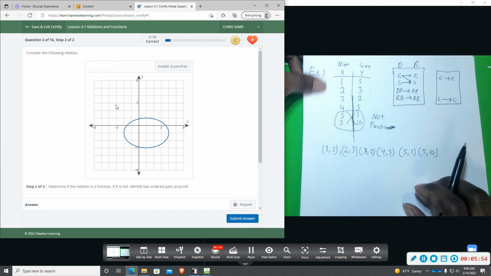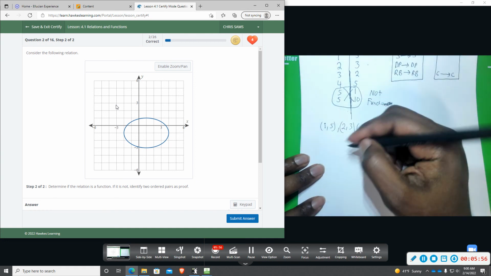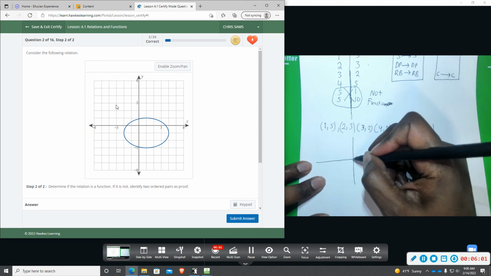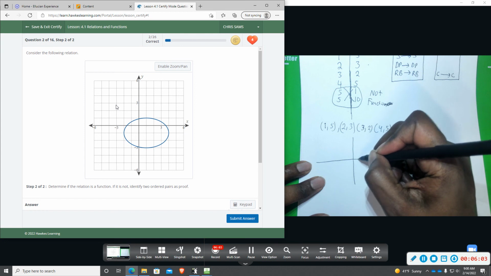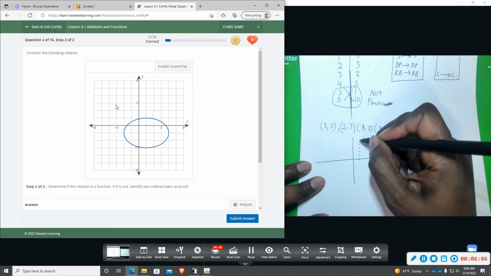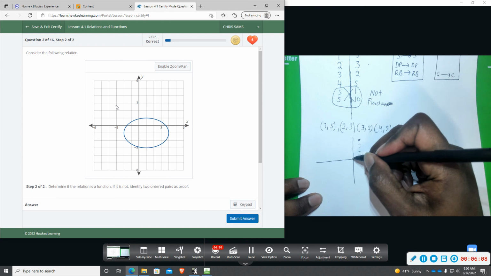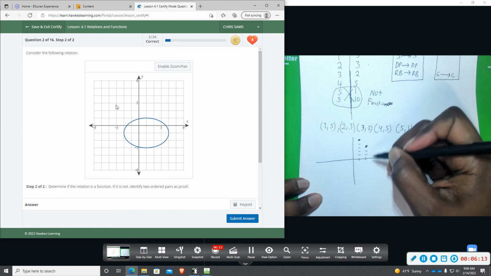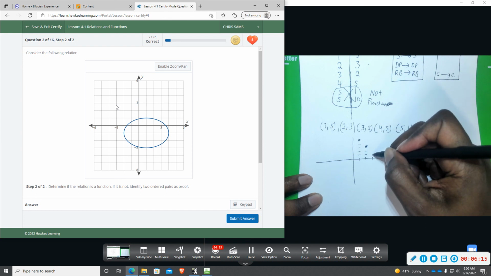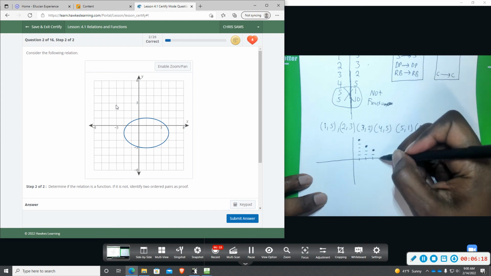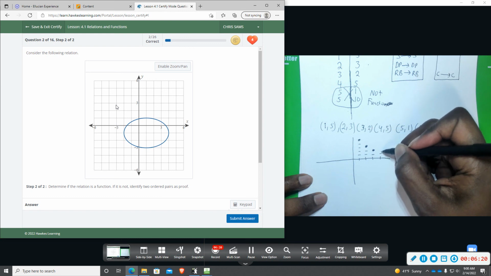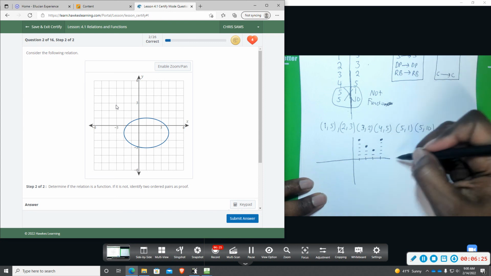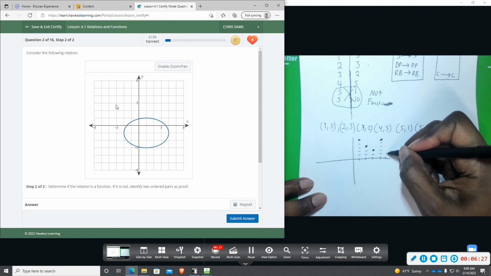If I did this on a graph, here's y, it fails. This is why the vertical line test, and they're all the same thing. Let's say I go over 1, up 5. Then I go over 2, up 3. Over 3, up 2. Over 4, up 5. And then over 5, up 1.